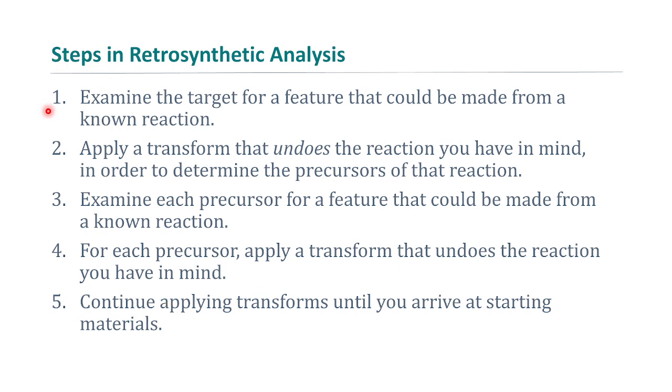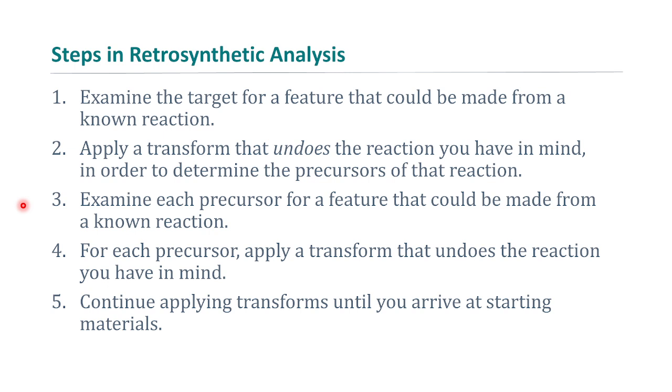So here are the steps you need to take in a retrosynthetic analysis to create a retrosynthesis. Number one is examining the target for a feature that could be made from a known reaction, something you know that works. Number two is applying a transform that would undo that reaction you have in mind in order to determine the precursors for that reaction.